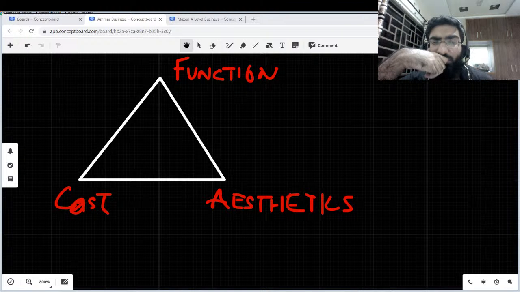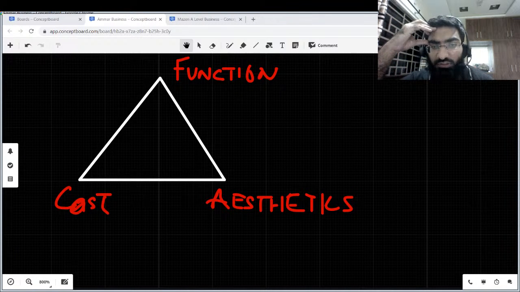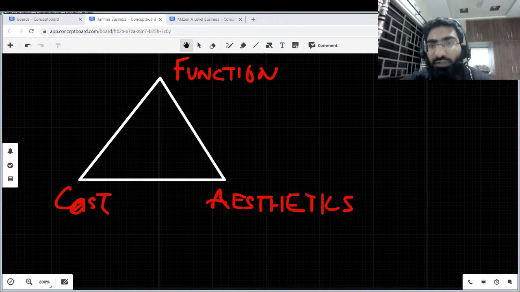To add more features or functions, costs would automatically increase. Similarly, it's not that you just keep on adding features to the product and nothing would happen to its design. Its design would be influenced by the features that you introduce.